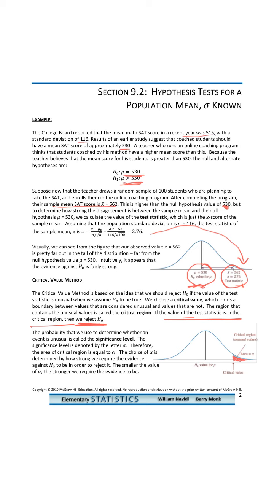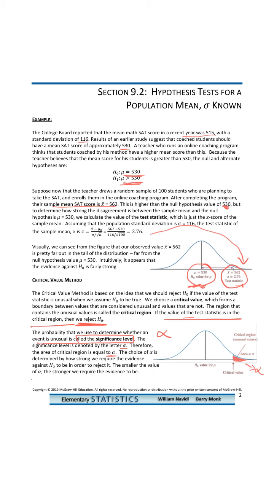The probability that we use to determine whether an event is unusual is called the significance level. The significance level is denoted by alpha. Therefore, the area of the critical region is equal to alpha. So, this area is alpha. The choice of alpha is determined by how strong we require the evidence against the null hypothesis to be in order to reject it.